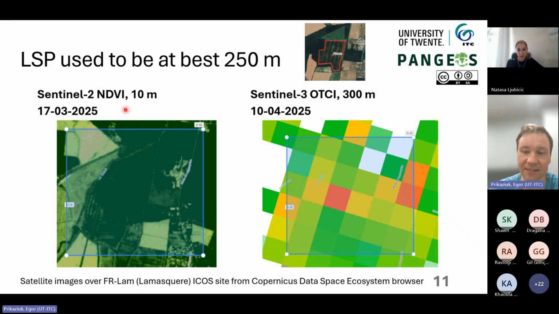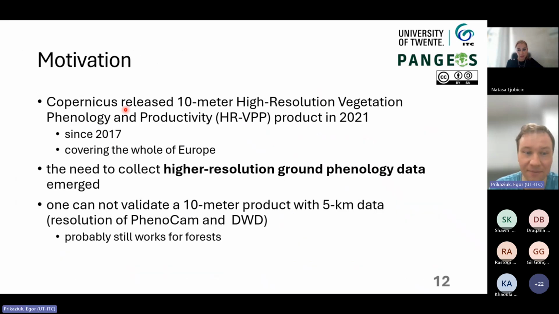The dataset was released, and the gap that exists is that there are no validation data. If you want to evaluate the phenology of the forest, you have the PhenoCam network that I showed. But if you want to validate phenology of a single field, there's simply no data.